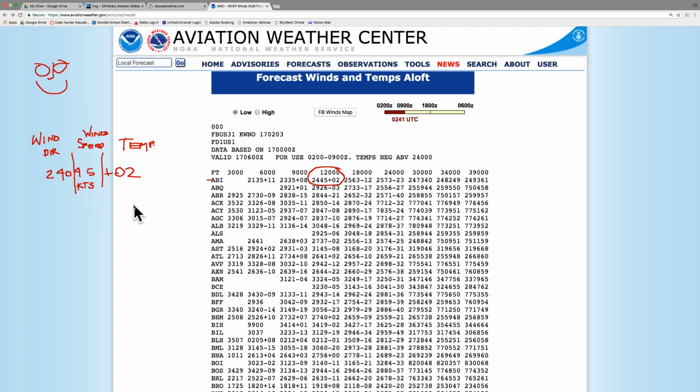And Garrett, just to confirm, is that 240 degrees starting from north? Yeah. So when we're looking at winds, or really anything to do with aviation, everything's based on the compass rose. North will always be referred to as 360 or 0. East will always be 090.